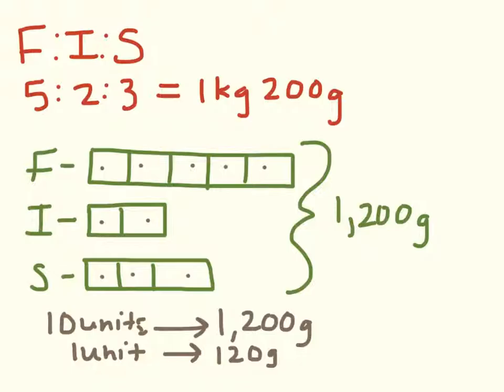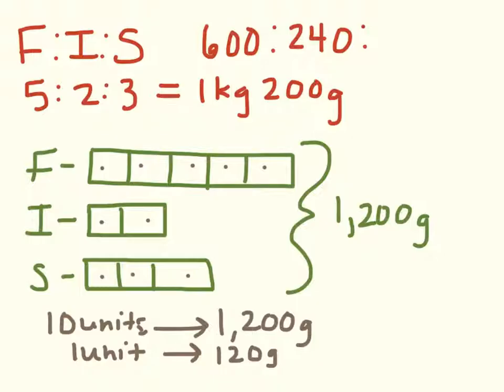Now it's a simple matter to go back and calculate the mass of each ingredient included in the glaze. The feldspar, with 5 units of 120 grams, would have had a mass of 600 grams. I'm going to go ahead and write this up here as a new ratio, okay? The red iron oxide, with 2 units of 120 grams, would have had 240 grams.